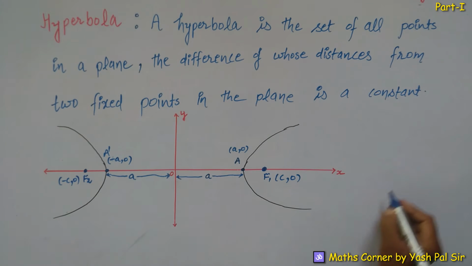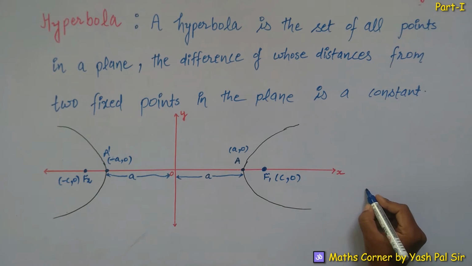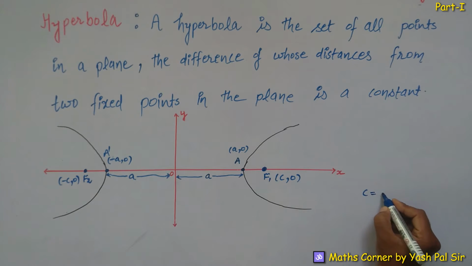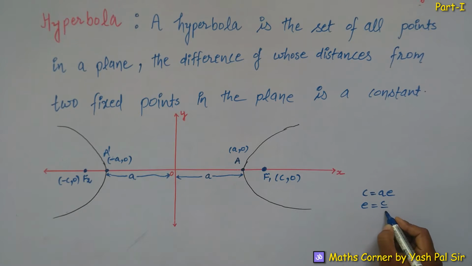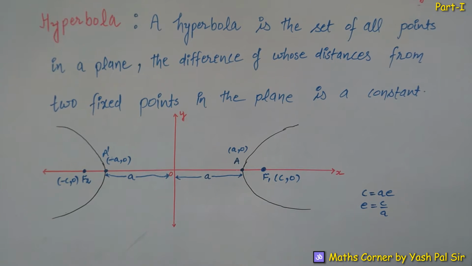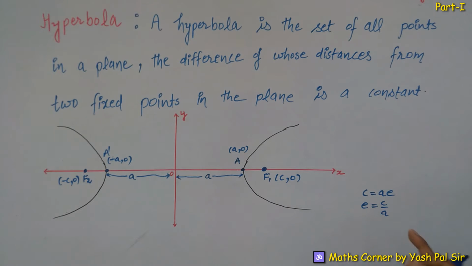One more thing I want to say: what is c? c is equal to ae, and what is e? e is equal to c upon a. e is called the eccentricity of the hyperbola, and the eccentricity in the case of hyperbola will always be greater than 1.